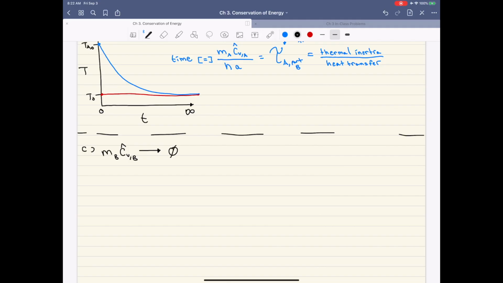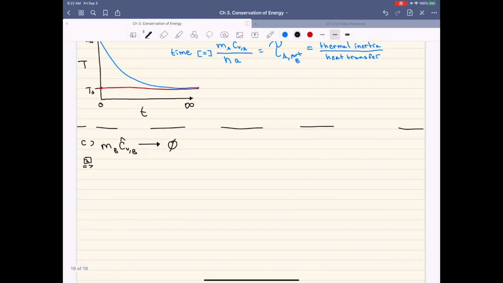Okay? And so in this case, mathematically what we would do is we would take equation 2, but we would take the form in which the dTB/dt, we take the form where it was multiplied by MB CVB. Right?